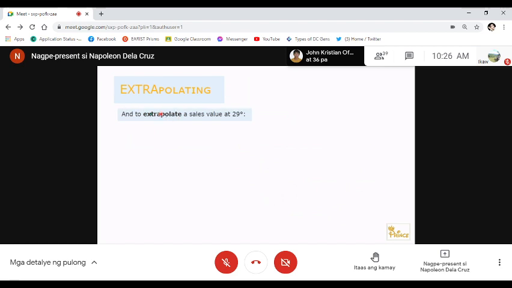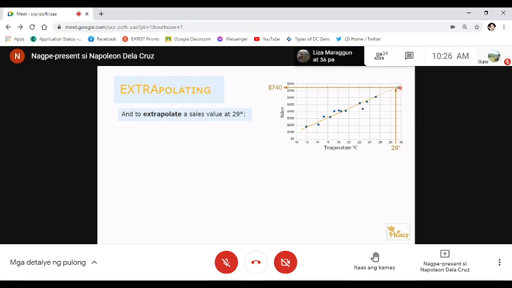Next, extrapolating. To extrapolate a sales value at 29 degrees centigrade, we are here outside of our points. Outside of our points, 29 degrees centigrade, what will be now the corresponding sales at 29 degrees centigrade?